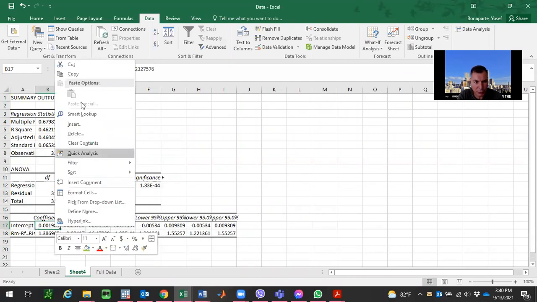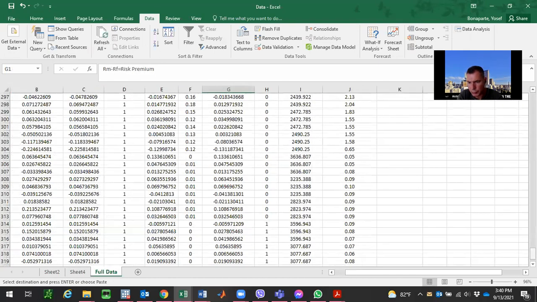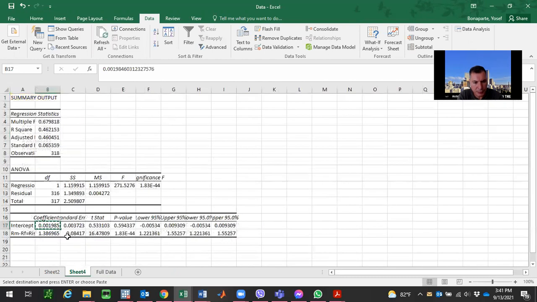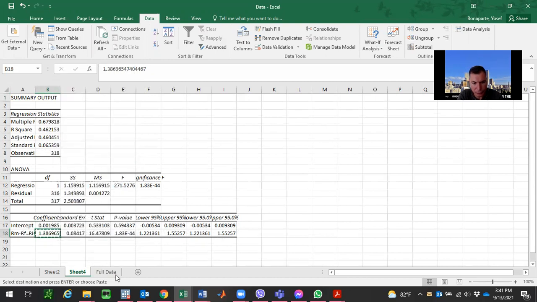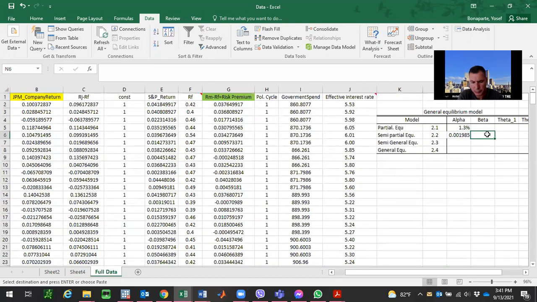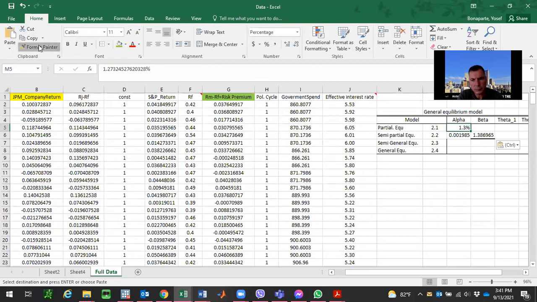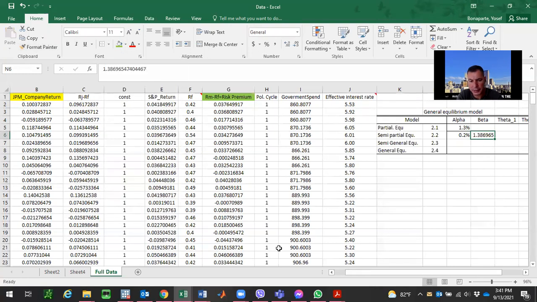Now the intercept becomes the new alpha, and look at the T-stat, it's not statistically significant. Now we have a new alpha. And this is the beta, which reflects the riskiness of the company. It shows that JP Morgan's beta is 1.38.